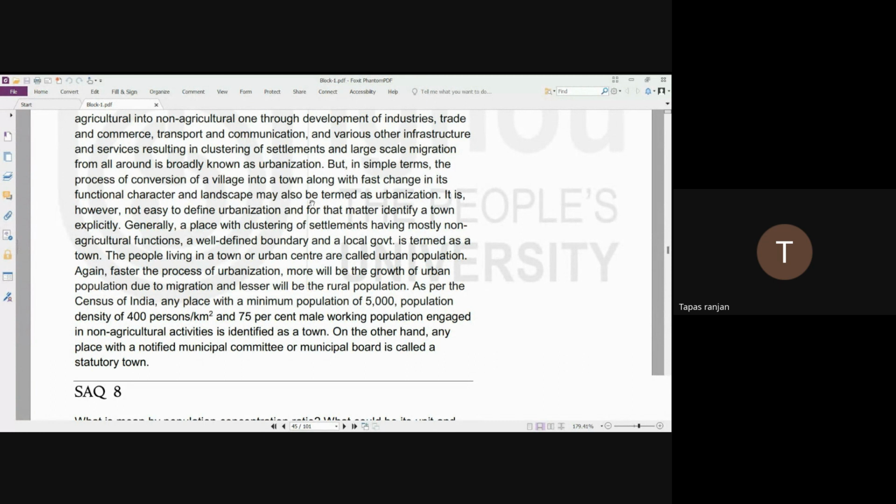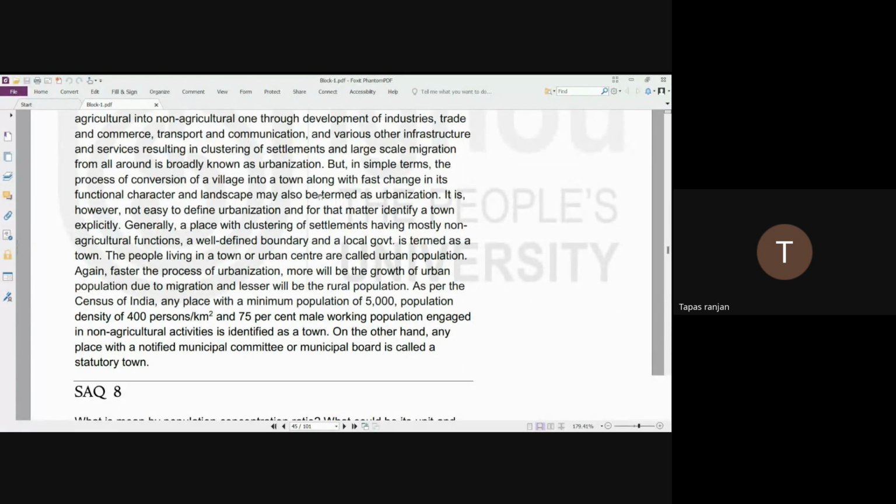There are four criteria. First of all, the place should have a minimum population of 5,000. Always remember, this definition can vary from place to place or country to country. In countries like India, the population limit is around 5,000. If the place is inhabited by more than 5,000 people, then we can consider it an urban place.